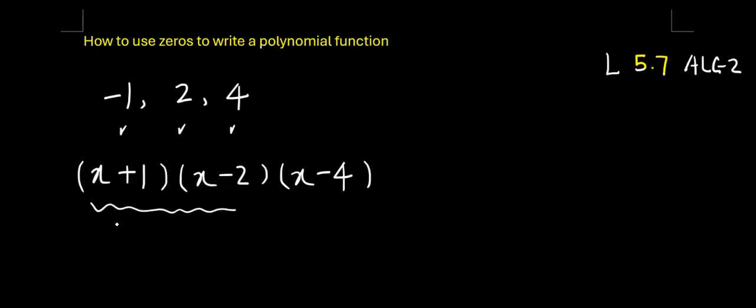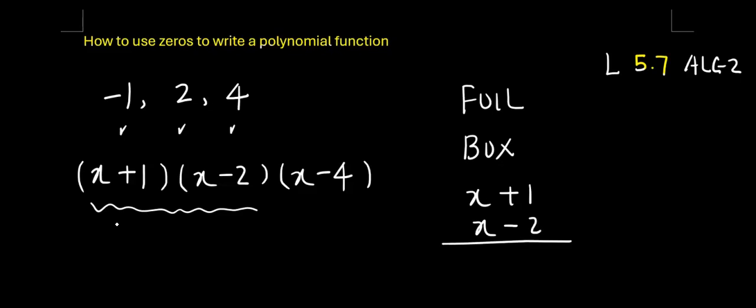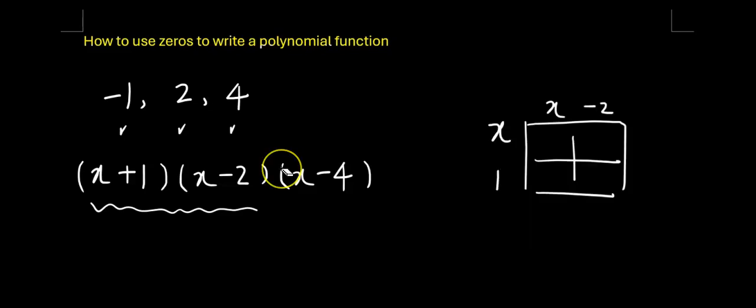So, do these 2 first. You can use your favorite FOIL method, box method, or you can do vertical multiplication. So, 3 methods here. You pick which one you like. We haven't used the box method for a while, so let's give it a try. X times x. That's right.